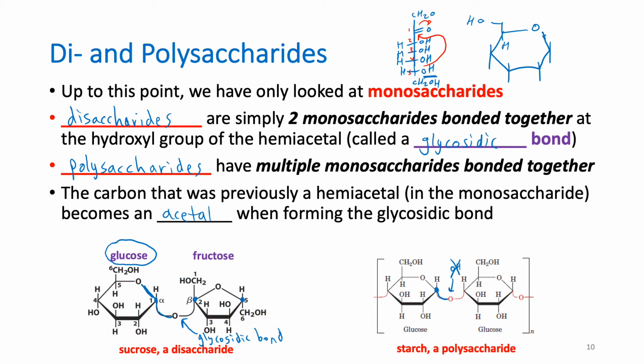Here's what I want to emphasize to you. Whenever you have a ketose, what you're going to form is a CH2OH. And also, you're going to have an OH, excuse me.